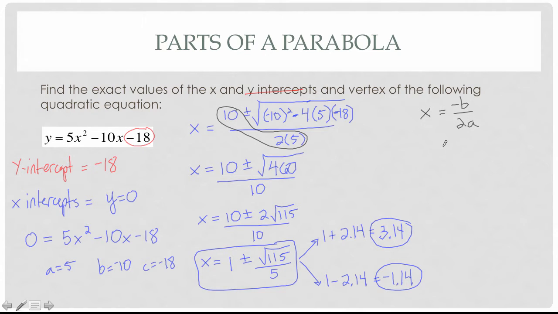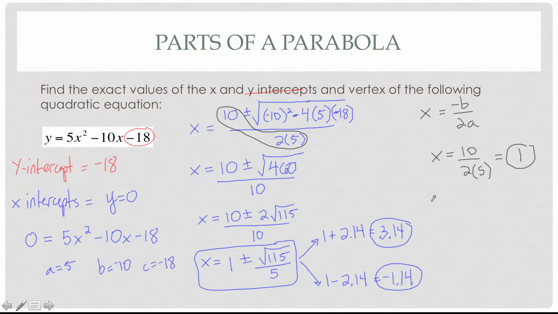And so the x value of my vertex is negative b, which is positive 10, over 2 times a, and a is 5. So it looks like I get a nice value there. That's just equal to 1. And that's telling me that the x value of my vertex is at 1.